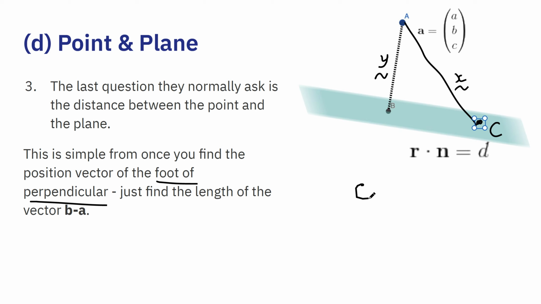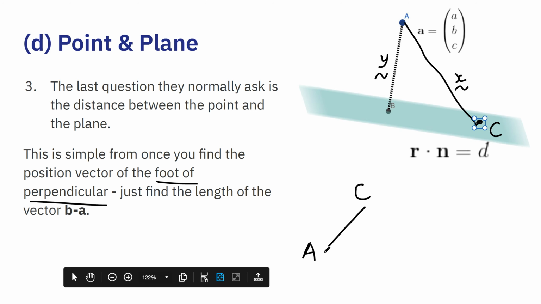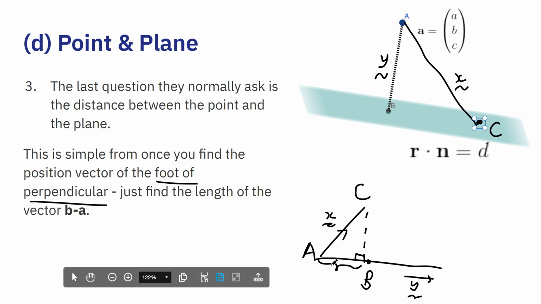So if we draw it out again, it will look very similar to what we were doing with length of projection just now, right? Where we have a vector Y over here, a vector X over here, and we want to find the length of projection, which here becomes the perpendicular distance. But if you look at this angle here and this angle here, they are the same, right?